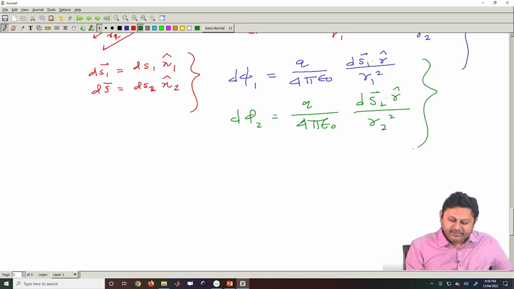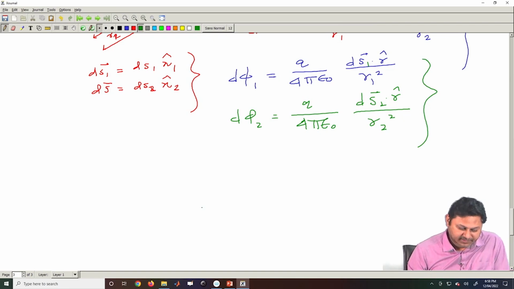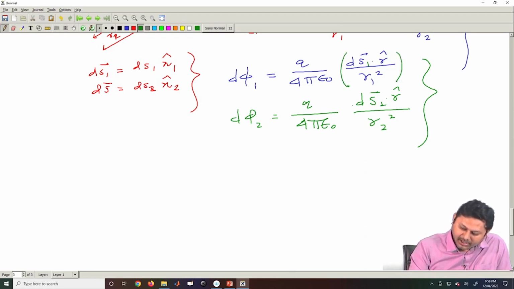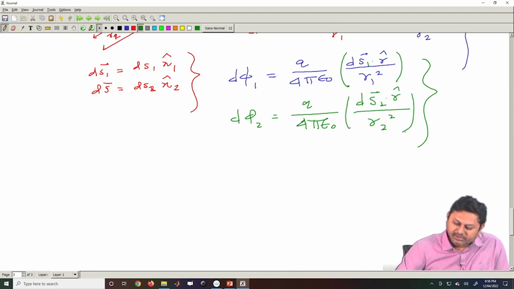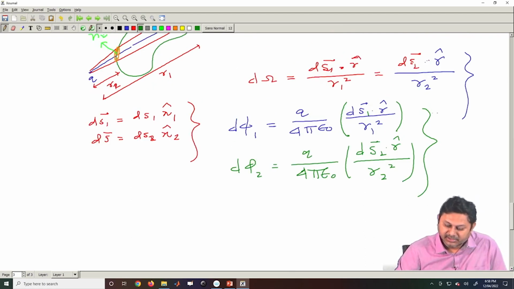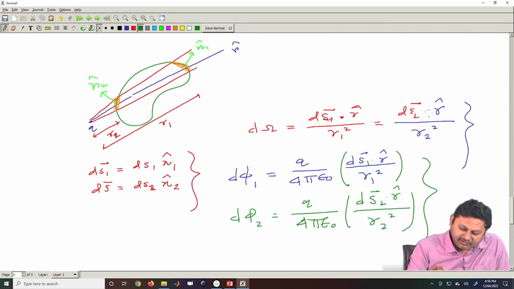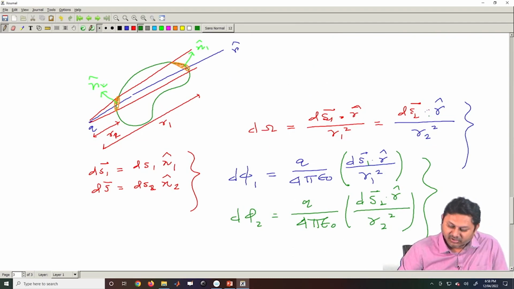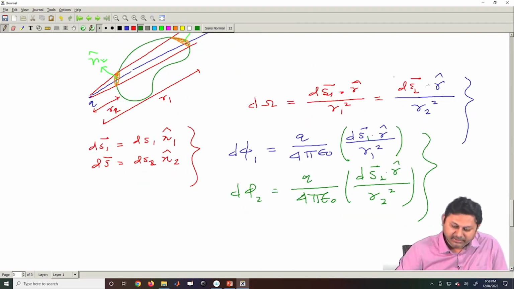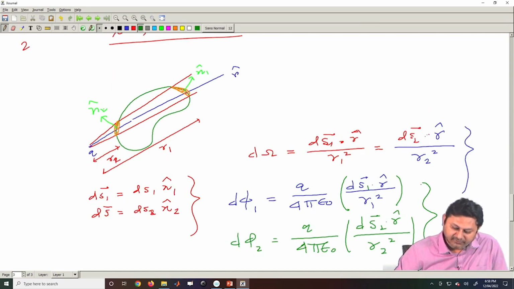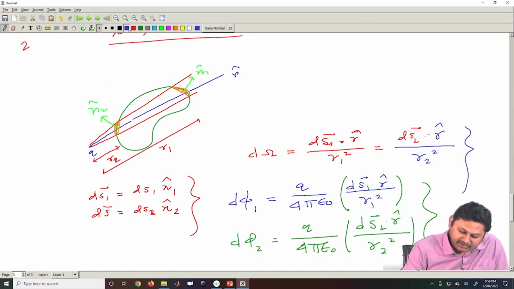Okay. So, now you can see two interesting things: this quantity and this quantity are the same, both are d omega, but the angle matters. If I calculate d s 1 dot r unit vector, then we need to take the angle here.